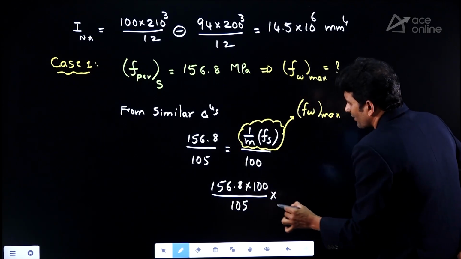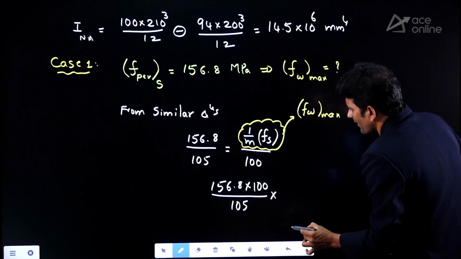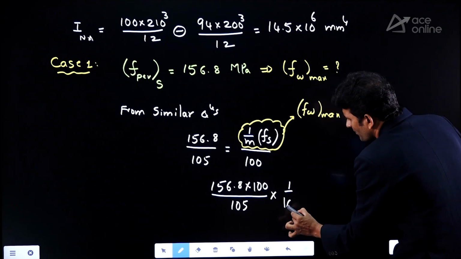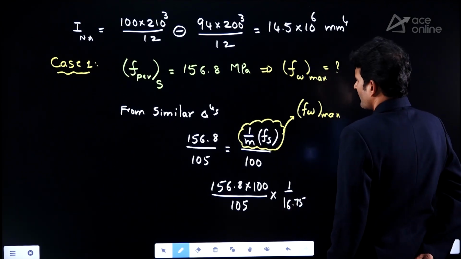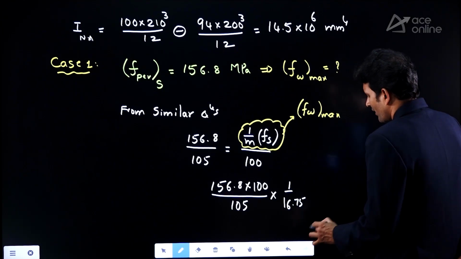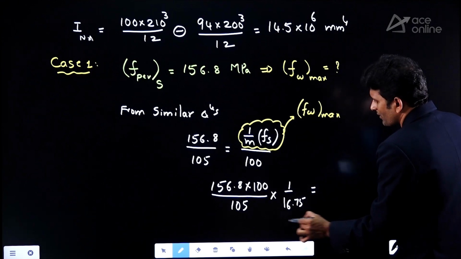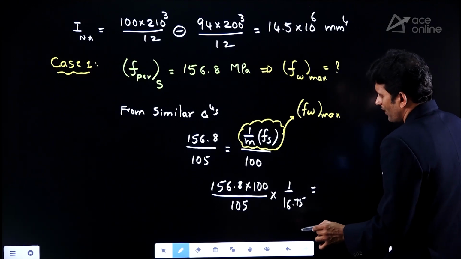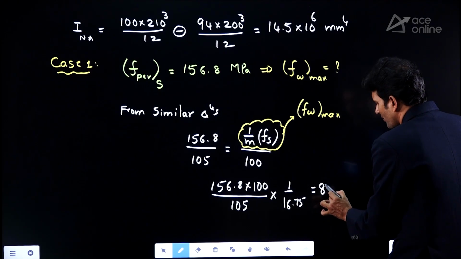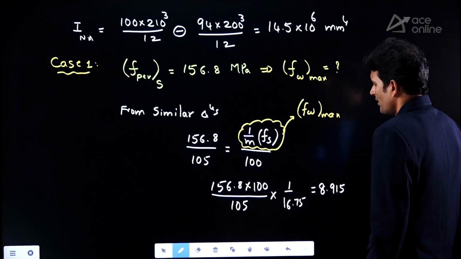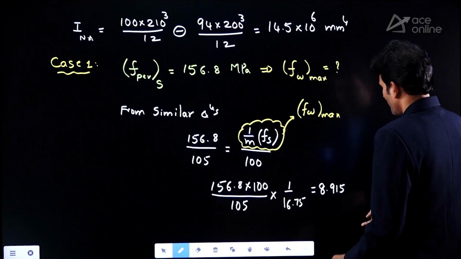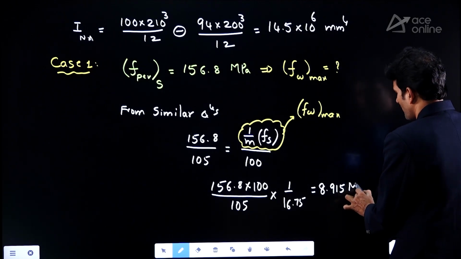This m I can take, 1 by m, 1 by 16.75. How much is it? If I simplify, I am getting 8.915, my dear friends, 8.915 megapascal.